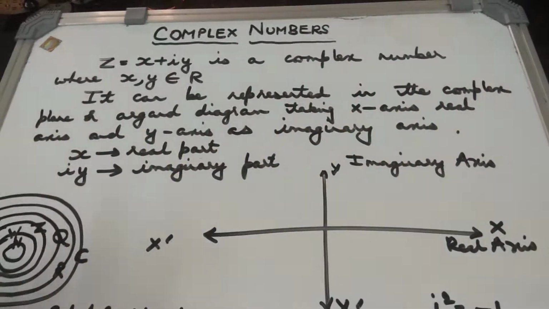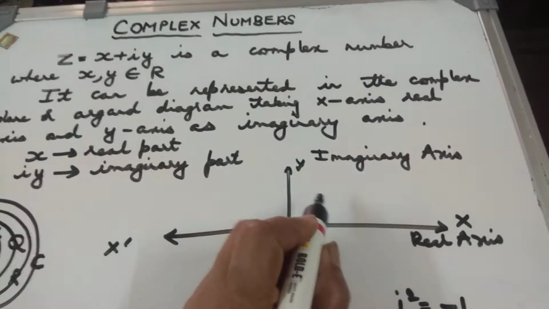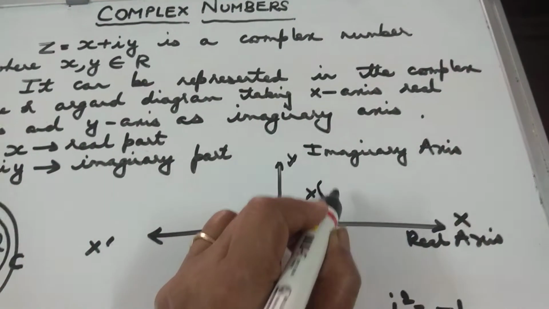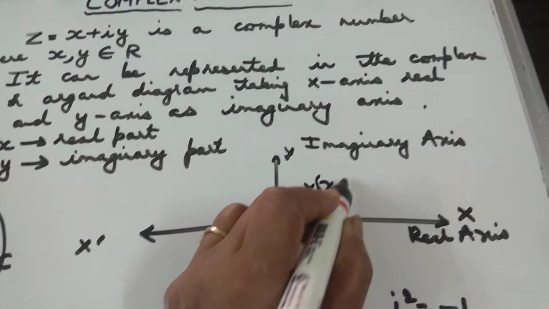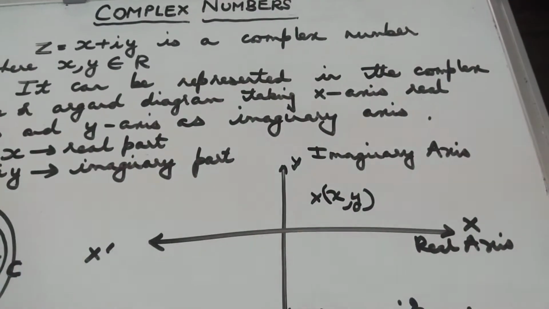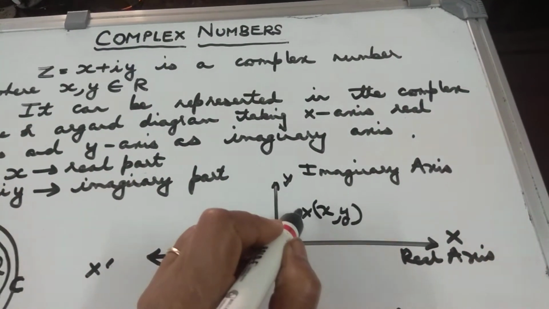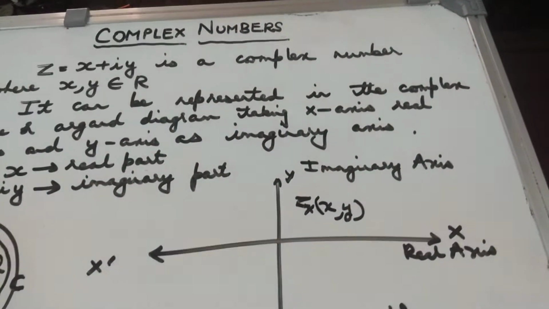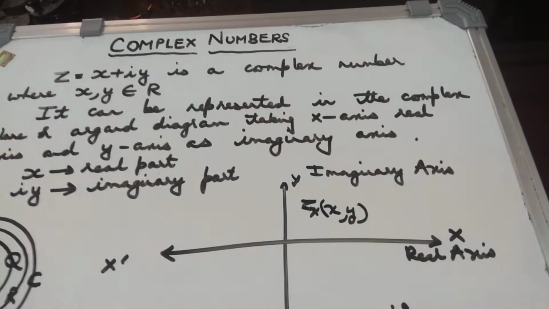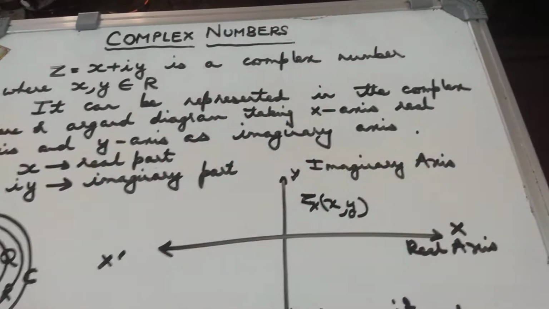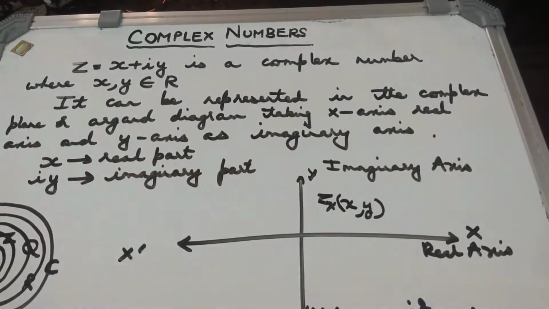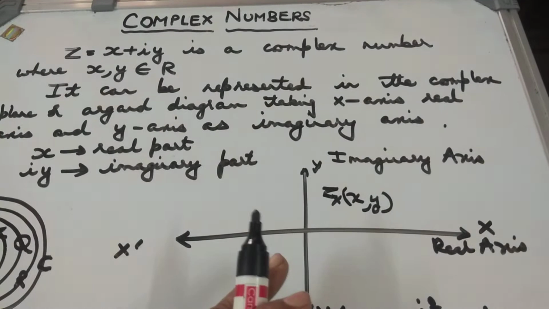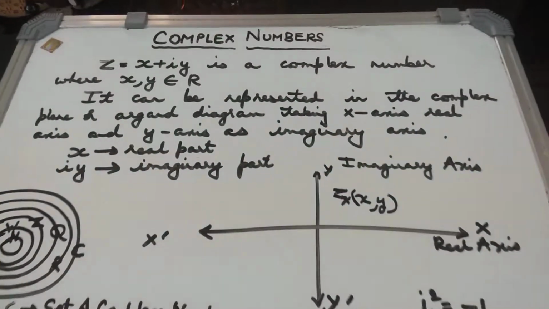And if I want to represent a complex number here, call it this number, then it is x, y. So this is the number here, which you may call z. So z is equal to the ordered pair x comma y, or in terms of x plus iy, z is equal to x plus iy. I hope this much is clear.